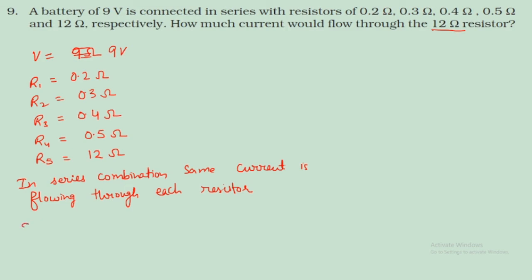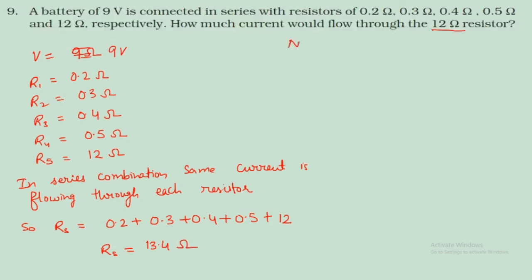Rs becomes 0.2 plus 0.3 plus 0.4 plus 0.5 plus 12. So we get Rs equals 13.4 ohm.